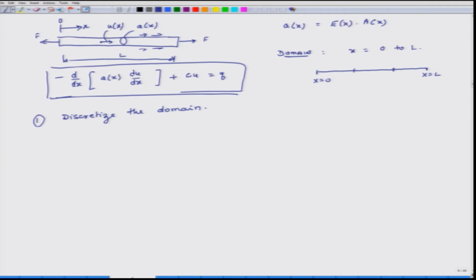In this case, for purposes of simplicity, I will break this entire domain into 3 elements. So, this is element number 1, element 2, element 3, and we will just assume for purposes of simplicity that each element is of equal length. So, we have 3 elements, each L by 3 long.